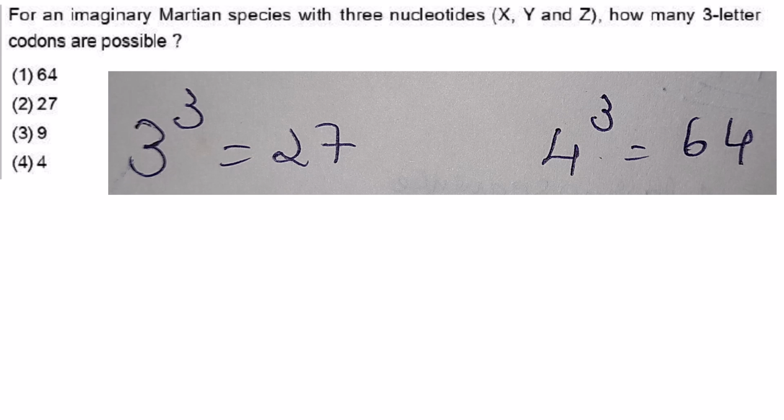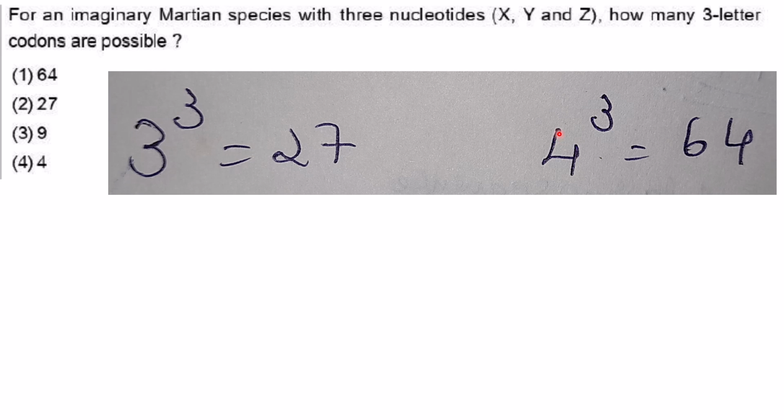For an imaginary Martian species, the one which is found in Mars, with three nucleotides X, Y and Z, how many three-letter codons are possible? For Earth species, we have 4 nucleotides and 3-letter codons.